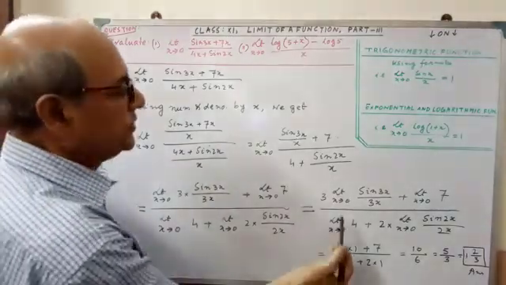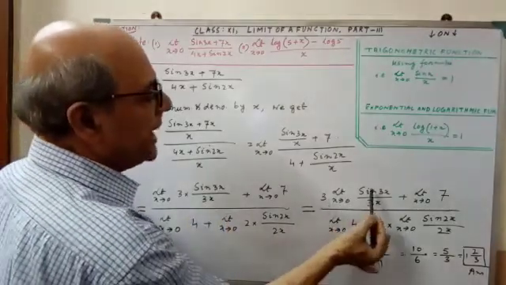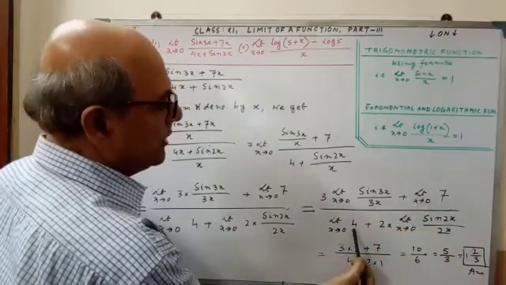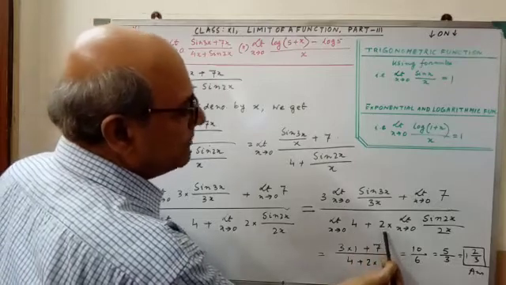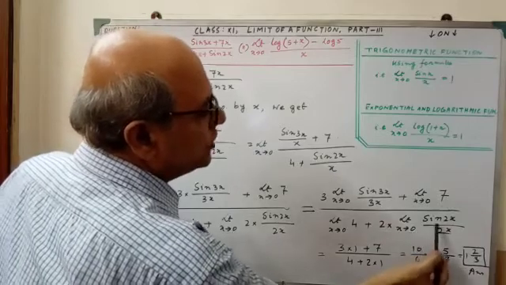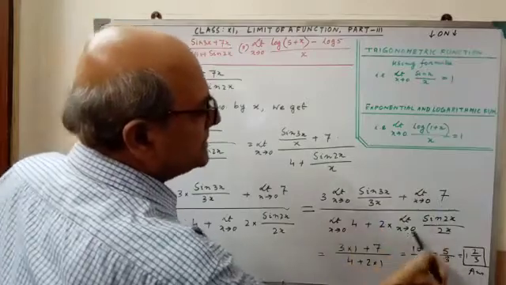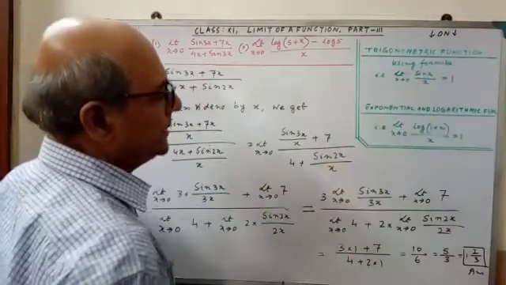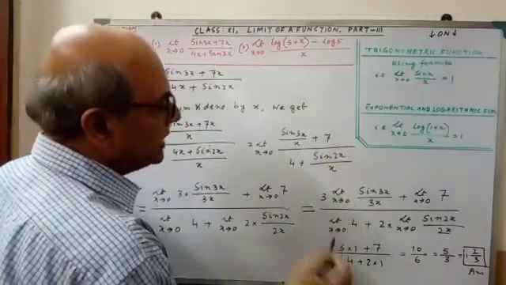Then we have to simplify. This 3 will come outside of the limit, and sin 3x by 3x plus this, divided by limit x tends to 0, 4, and this 2 will come outside of the limit, and this is limit x tends to 0 sin 2x by 2x. In this expression we are getting the frame of the formula. So now we will apply the formula.